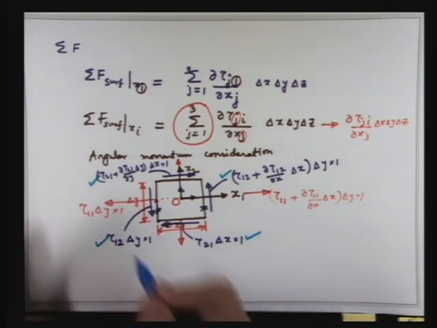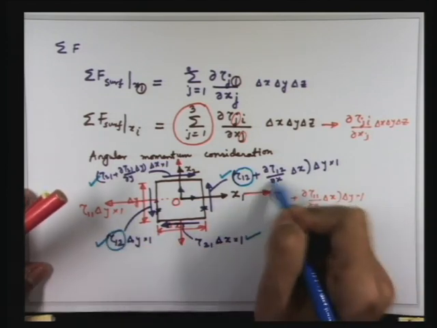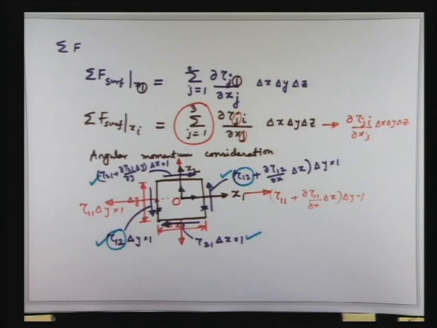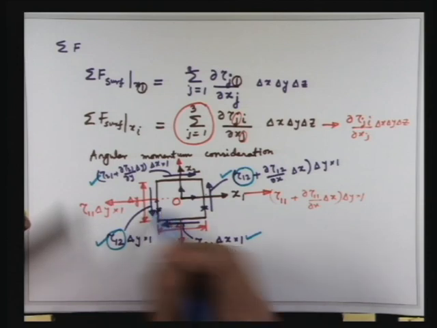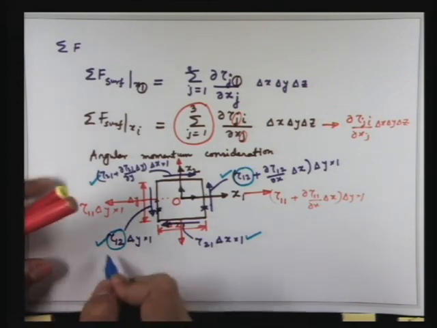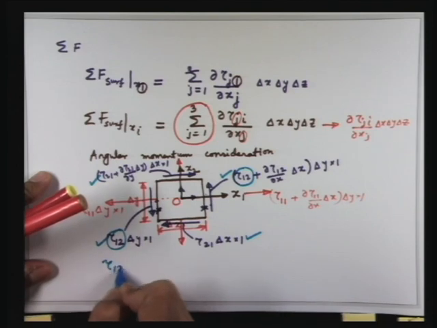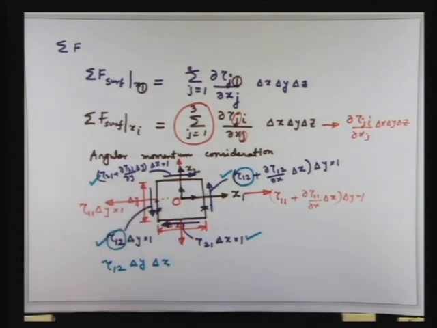The leading order term in the moment is governed by this one and this one, not the change. So what is the moment of these two forces? These two forces constitute a couple, right? Equal but opposite to each other. So what is the moment of that? Tau 1 2 into delta y into the moment arm delta x. Okay? Is this clockwise or anti-clockwise? This is anti-clockwise. So we call it positive moment.